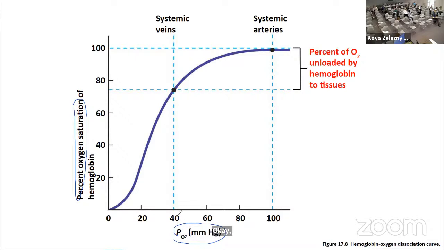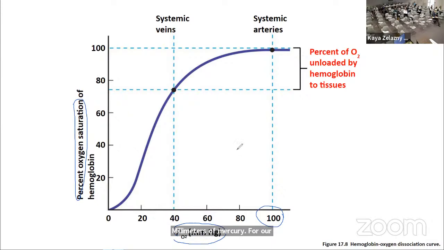So we want to mark down the numbers we care about really first for this curve. Right. So the reason the dotted lines are at 40 and at 100 is that at 100, that's our partial pressure of oxygen typically in our systemic arteries. So blood going to tissue is usually at 100 millimeters of mercury for our partial pressure of oxygen.